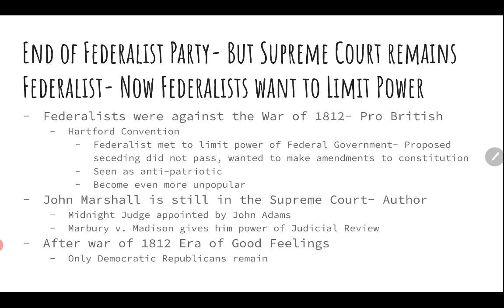The big nail in the coffin for the Federalists is this thing called the Hartford Convention. They kind of secretly meet to limit the power of the federal government and propose a bunch of amendments. They're seen as unpatriotic, and essentially that's it. So as a political power, they are gone, but they still have people who believe in their ideals in the courts, and one of those dudes is John Marshall, right?